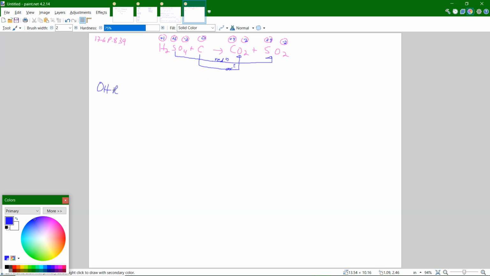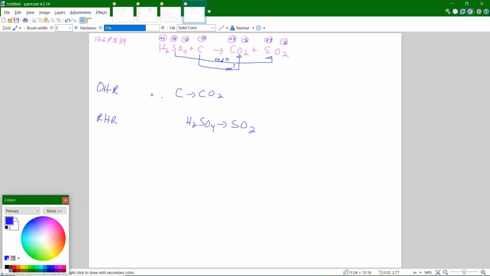So the oxidation half reaction is C goes to CO2. That's just the bare bones. We're going to do more. The reduction half reaction, H2SO4 goes to SO2. So the oxidation half reaction, we got C goes to CO2. So carbons are balanced.